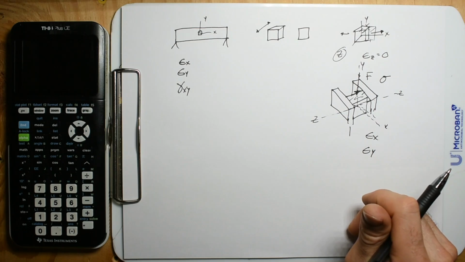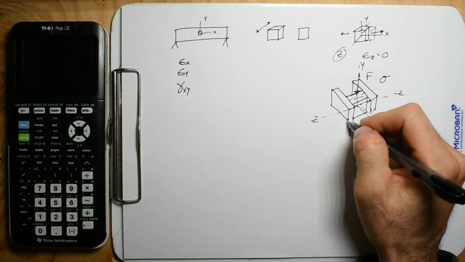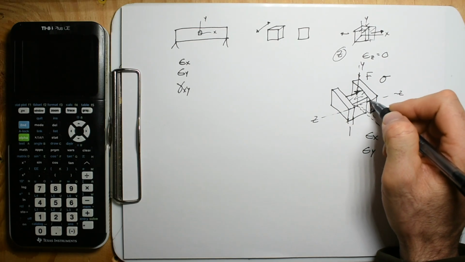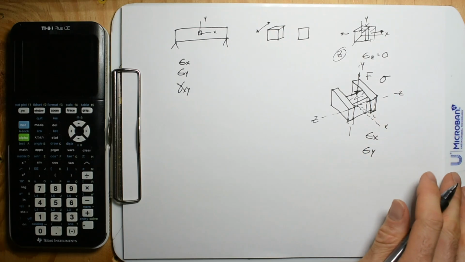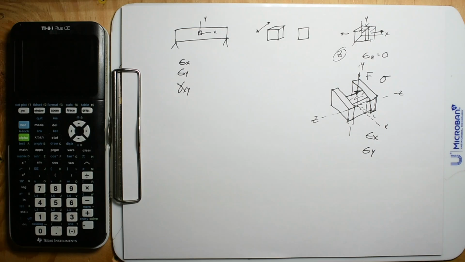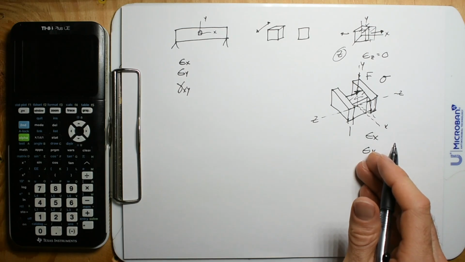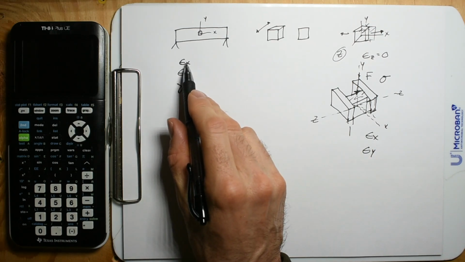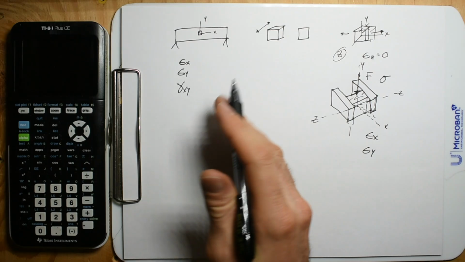It's kind of fast, and I haven't done any of the problems yet. I'm just interested in the derivation and trying to do it in a hell yeah format. Okay, so they're going to give us the strain in the x and the strain in the y, and then the change in length.